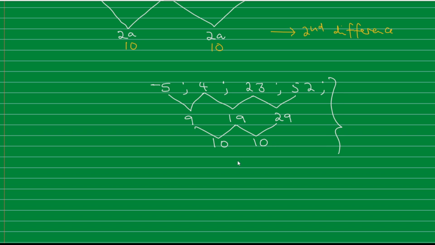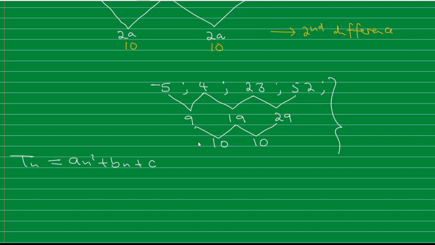We want to find the general term. Our general term is given by Tn is equal to an squared plus bn plus c. n is representing the position, so we want to use the position to find our terms. So a, b, and c is what we are going to find. As you will notice here, this 10 that we have got here is always equal to 2a.